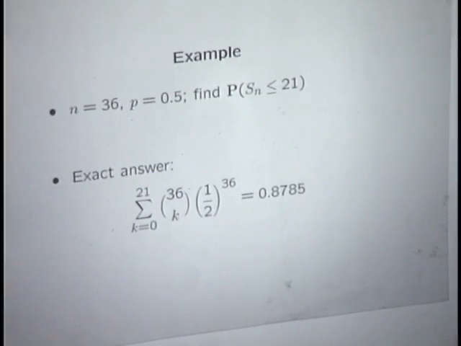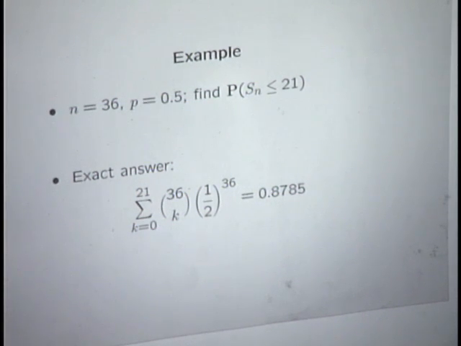So let's do one more example of a calculation. Let's choose some specific numbers to work with. The first thing to do is to find the expected value of Sn, which is n times p, it's 18. Then we need to write down the standard deviation.